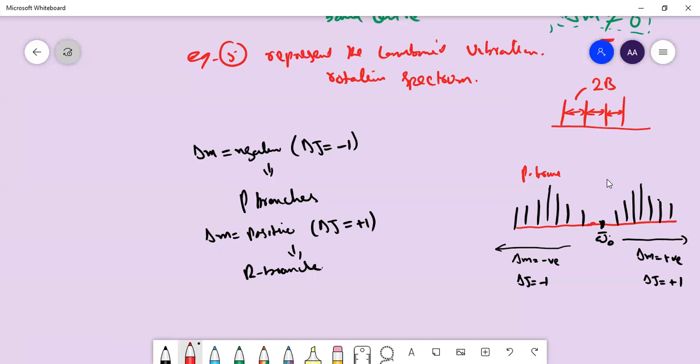And towards the right side of our band origin, these branches are called R branches. The gap between these two lines is equal to 2b. And the gap between the first P and first R branch lines is 2b and 2b, which will be equal to 4b. So this is how an actual vibration rotation spectrum of a molecule can exist.